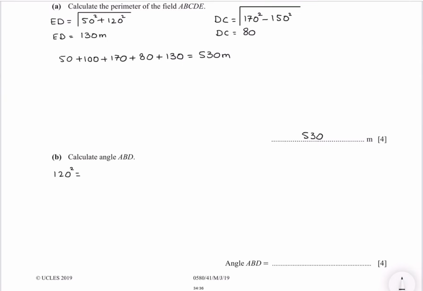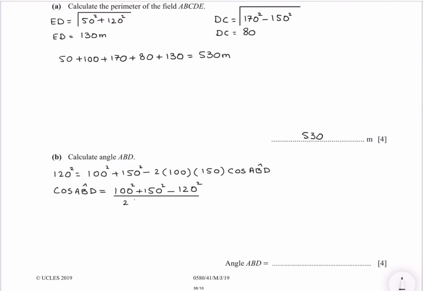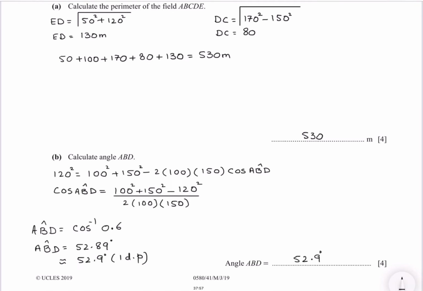So 120 square equals 100 square plus 150 square minus 2 into 100 into 150 cos of ABD. Now cos of ABD equals 100 square plus 150 square minus 120 square divided by 2 into 100 into 150. So angle ABD is equal to cos inverse of, use a calculator, find out the value, and it is 0.6. So angle ABD is 52.9.